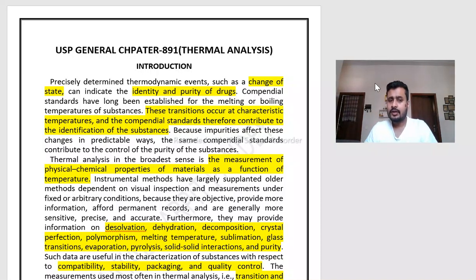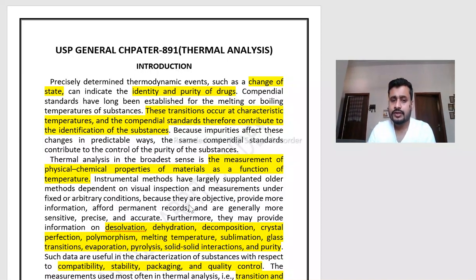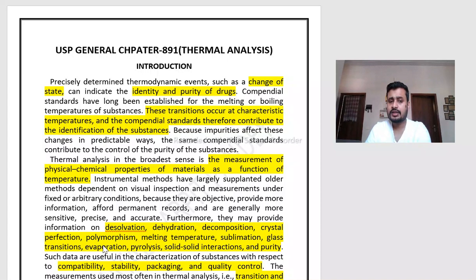With the help of these instruments, generally we have to find dissolution, dehydration, decomposition, crystal perfection, polymorphism, melting temperature, sublimation, glass transition, evaporation, pyrolysis, solid-solid interaction, and purity.